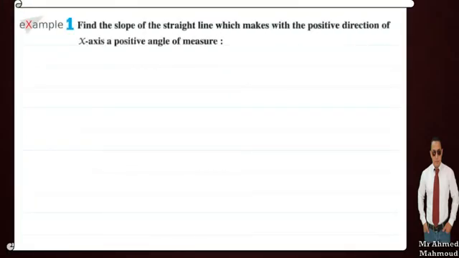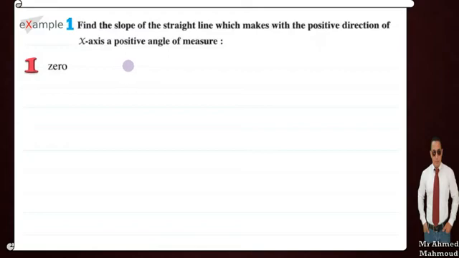In this example, find the slope of the straight line which makes, with the positive direction of the x-axis, a positive angle of measure: number 1, 0. Here, as we said before, the slope equals y2 minus y1 over x2 minus x1, or equals tan theta.